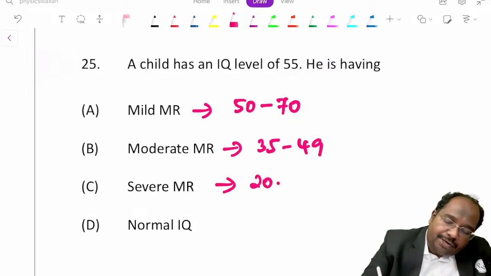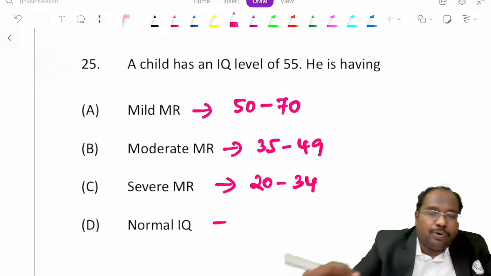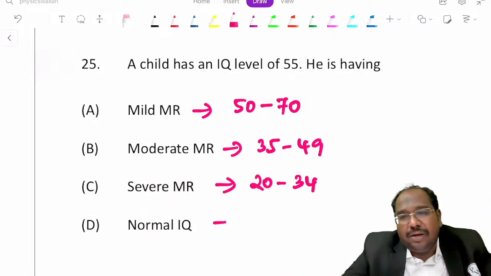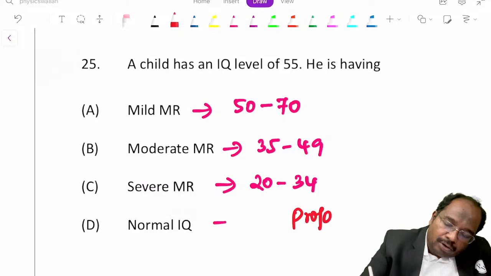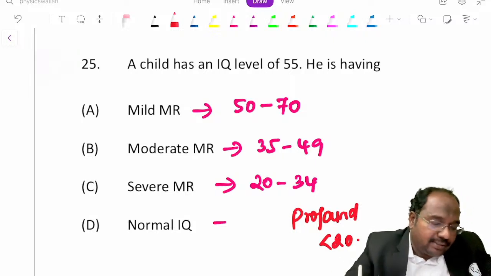Severe means 20 to 34. 70 to 79 we consider low IQ. And profound means very severe, less than 20.